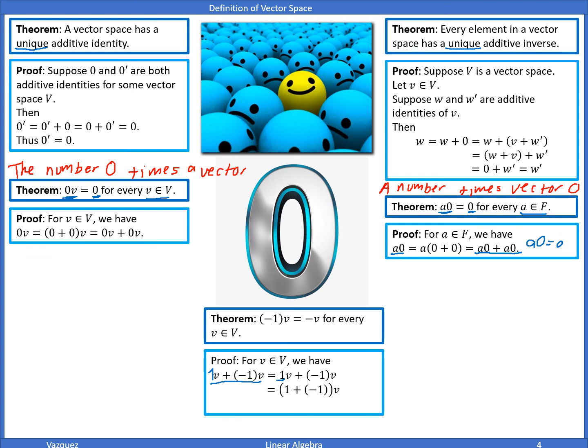Okay, so that equals, using again the distributive property, 1 plus -1, which we know is 0. So 0v, which is equal to 0. And that should conclude our lecture for a definition of vector spaces.